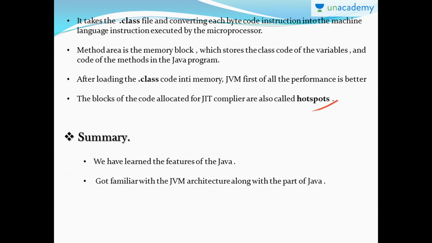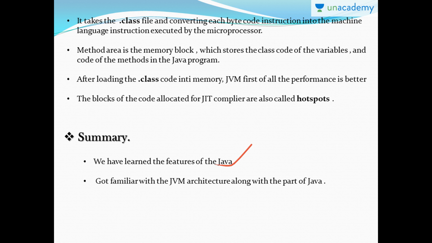This is all about JVM that we have learned. In summary, we have learned so many features of Java: it is very simple, object oriented, multi-threaded, dynamic, secure and, most importantly, system independent.